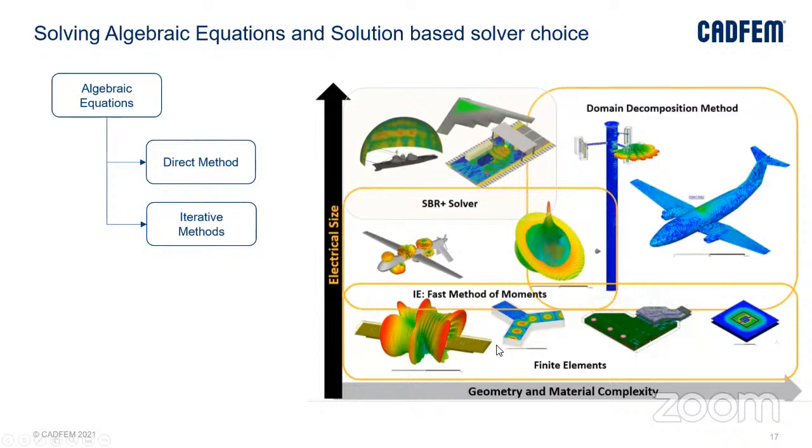Also, the user can choose which solver to be used. Here we have different structures. These can be very small structures ranging from centimeters or millimeters to bigger structures ranging to kilometers.